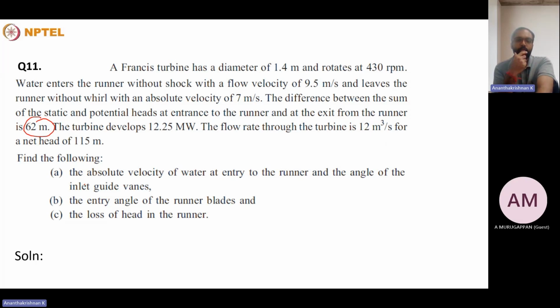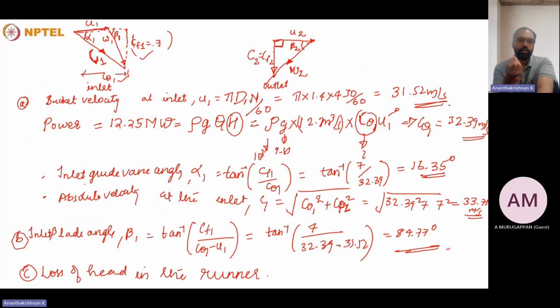In order to calculate the blade velocity at the inlet, we have the diameter as well as the RPM, and using that we can calculate the blade velocity. And using the flow velocity component, which was given in this particular problem, we can calculate the absolute velocity at the inlet using the flow velocity component and the tangential velocity component.